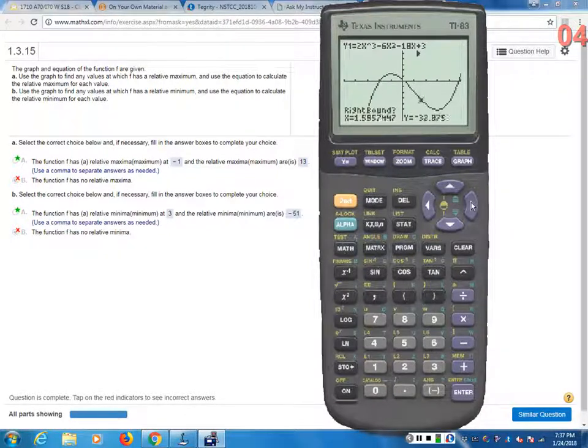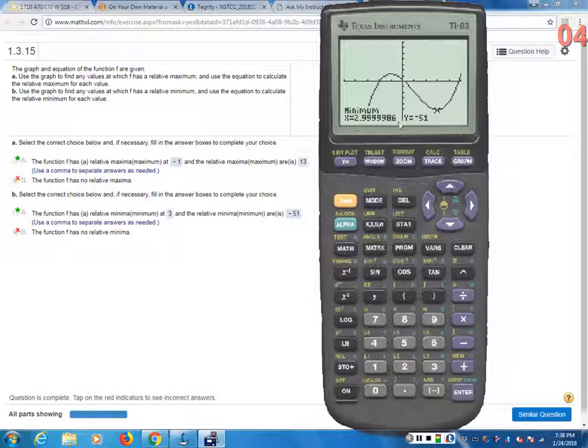So now we have to move to the right of it. Just make sure you're to the right of it. Then you can hit enter. And you could guess a number like 3, or we could just hit enter. And it is actually 3, -51.